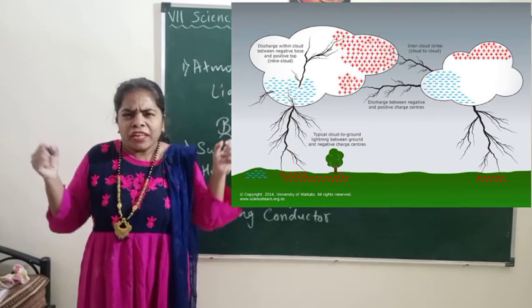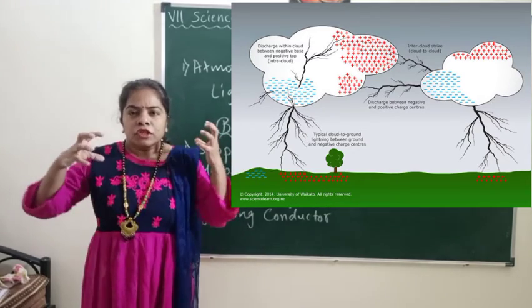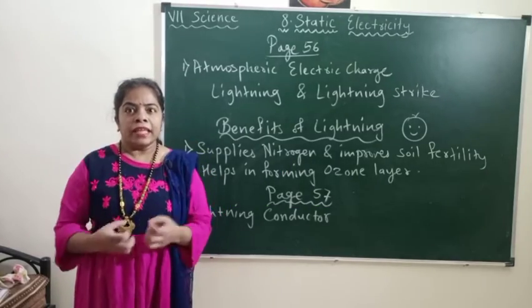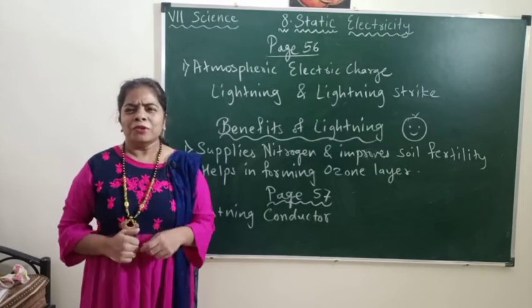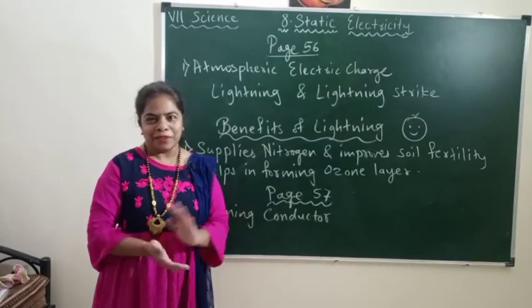There is a lot of energy produced when the two clouds clash into each other, and that energy comes down in the form of lightning. Although the science behind this is a bit complicated, we can understand it in simple words.